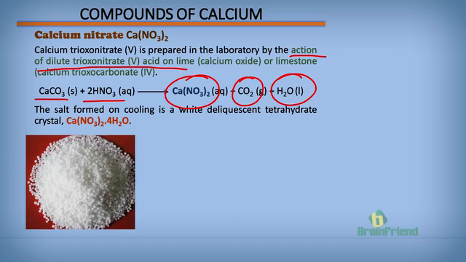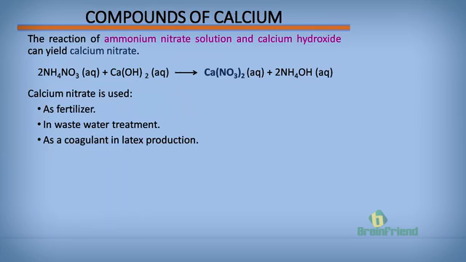A white deliquescent tetrahydrate crystal known as calcium nitrate tetrahydrate, so it is going to be formed with some molecules of water. Now, another way we can prepare calcium nitrate is by the reaction of ammonium nitrate solution and calcium hydroxide.